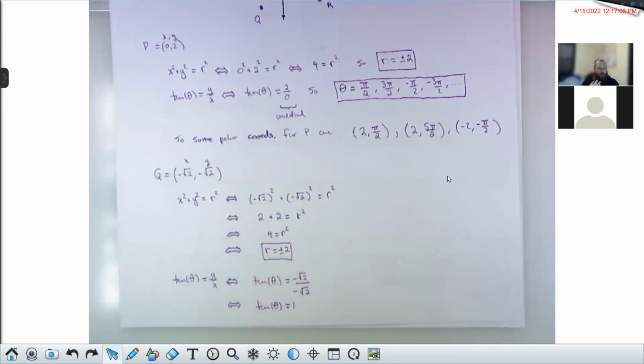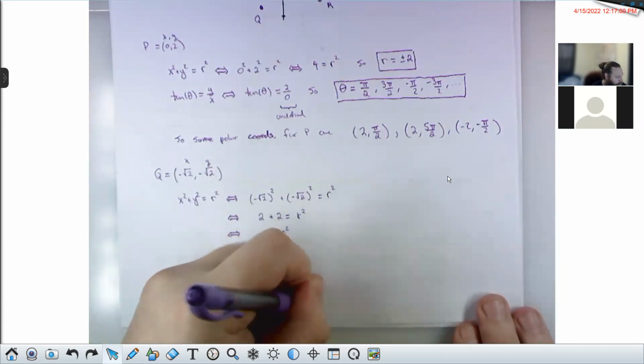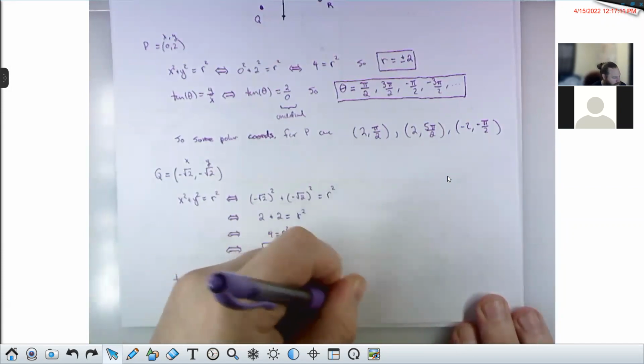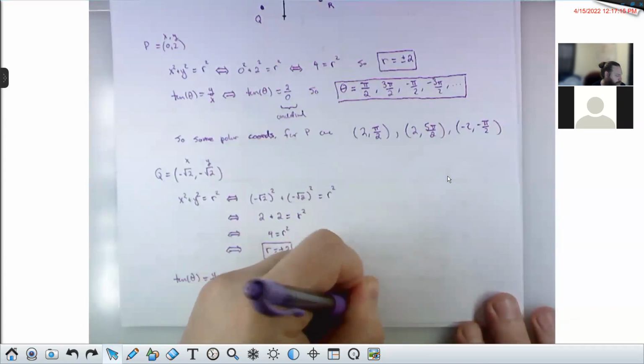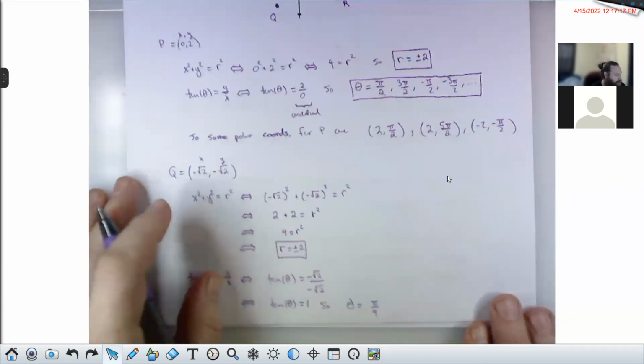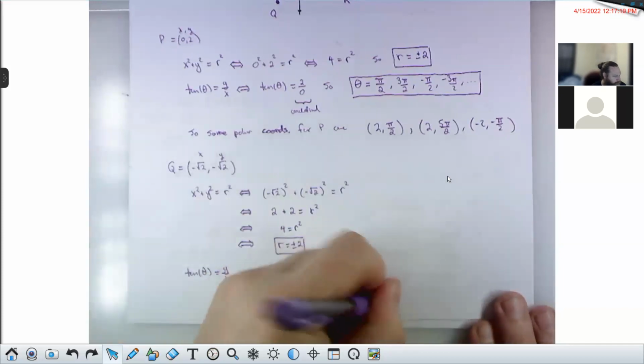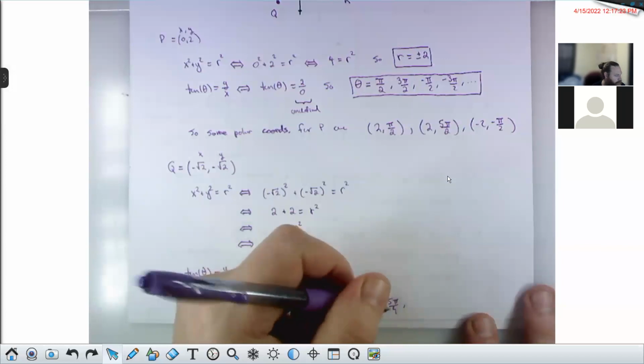And this will give me a bunch of theta values. Tangent is equal to 1 when theta is pi over 4, 5 pi over 4.